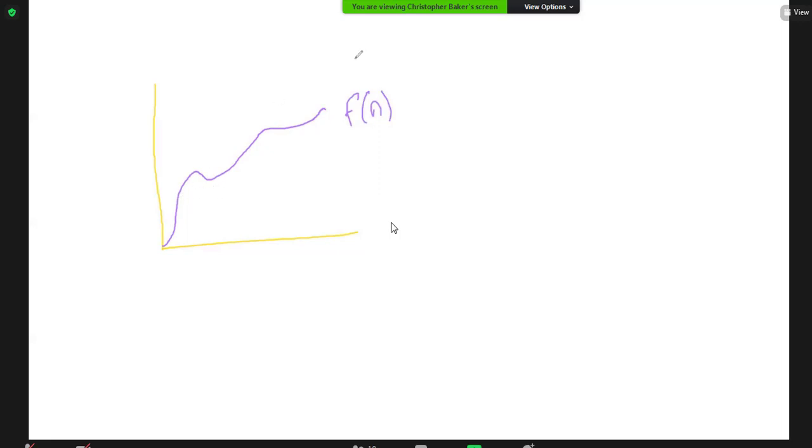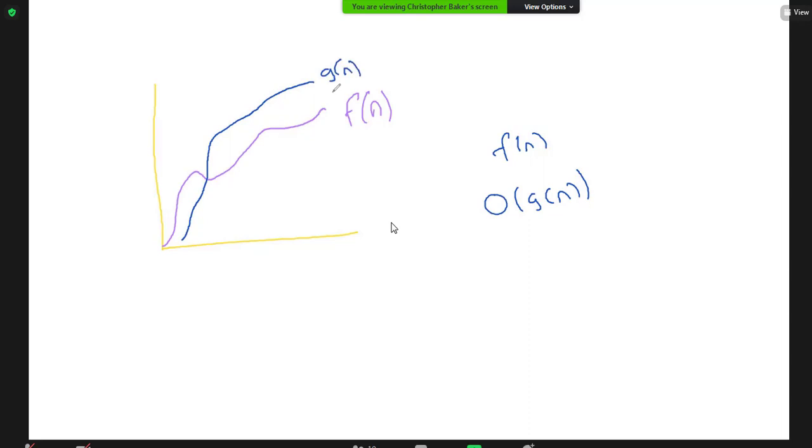If I've got a graph which has big O notation, so you're looking at big O of f of n, and you say that g of n is in that, then g of n would be a graph which, long term, could start off smaller than f of n, but long term it'll be bigger.